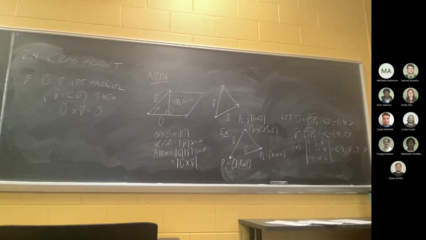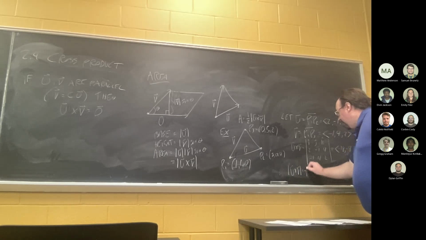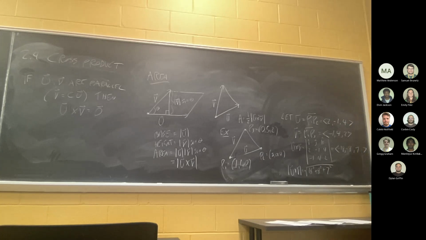So then we need to compute the magnitude of that. The square root of 18 squared plus 8 squared plus 7 squared.